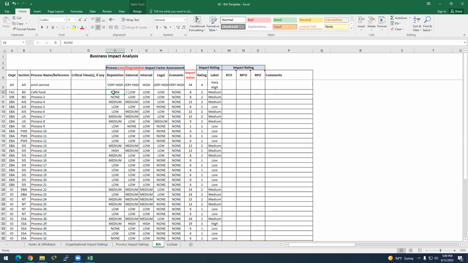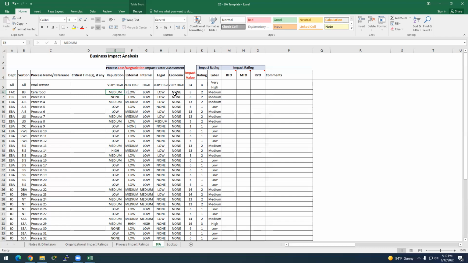I think the cafeteria management here do operate outside of the university, and so if it was known that they were providing a poor service here, it might impact them in the other business that they do in Qatar. So that might not be a none, it might be, well, at least a medium, right? And so we see we've got a number of things that we can work with here.